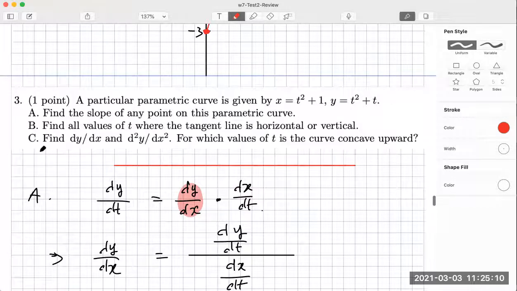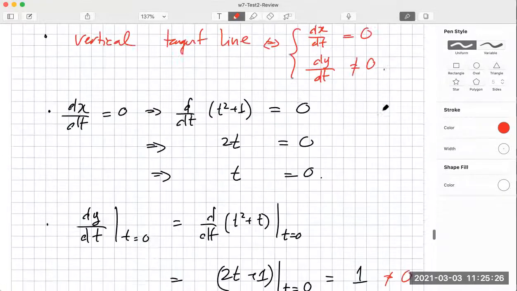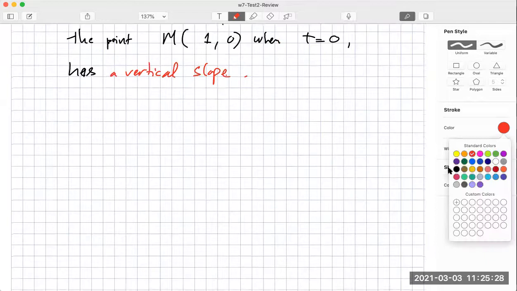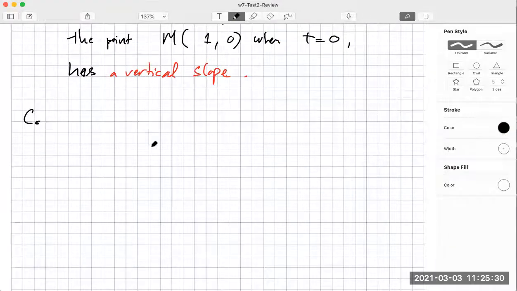Okay, now let us find the second derivative, d squared y over dx squared, for which value of t the curve is concave up, concave down. Okay, now part C. Remember the general.